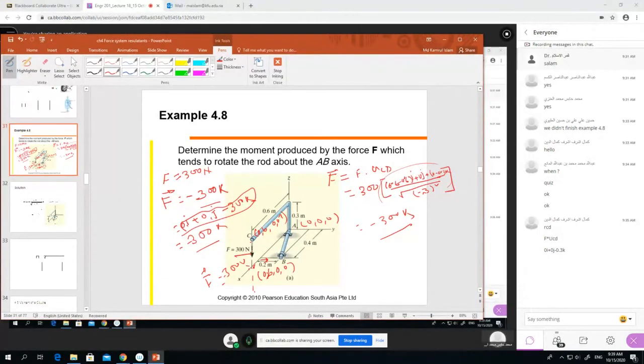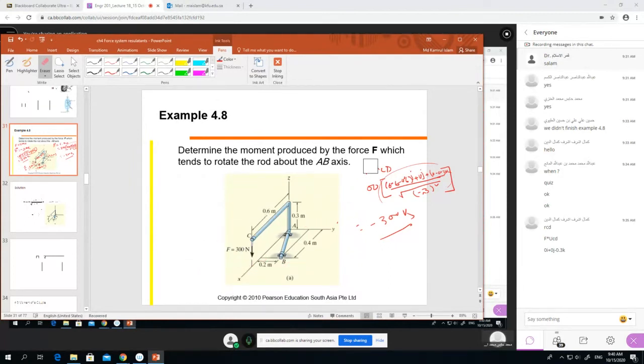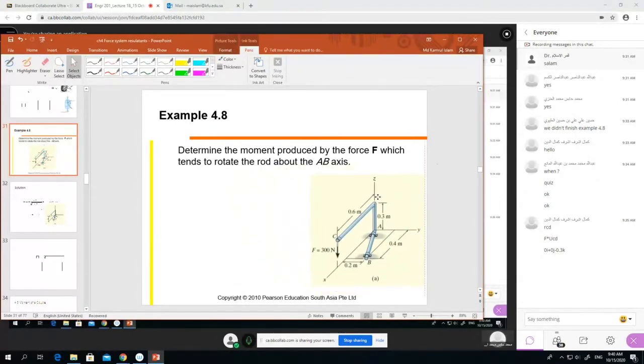Now, what we told you last class, if you keep your class notes, you will notice that the question is: determine the moment produced by the force F which tends to rotate the rod about the AB axis.